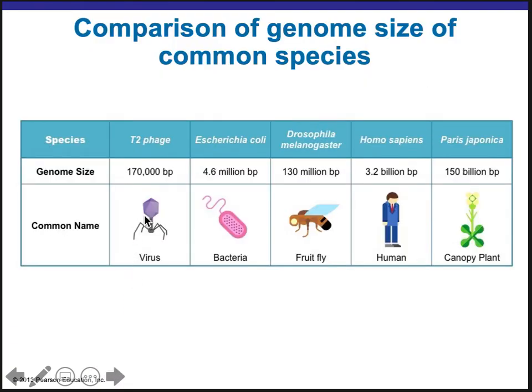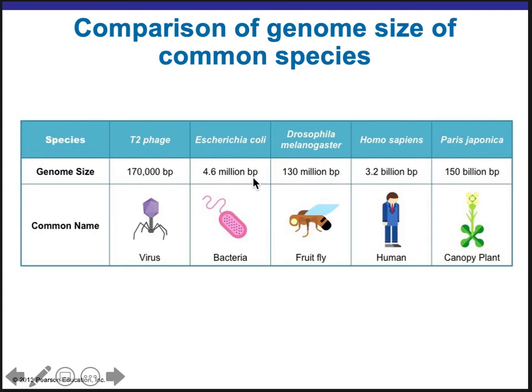If you were to take the genome of the bacteriophage virus, you would see that it is made up of under 200,000 base pairs. So we're in the hundreds of thousands of base pairs. Then, if you move to bacteria such as E. coli, you are looking at 4.6 million base pairs. So you're in the millions of base pairs for the entire genome.